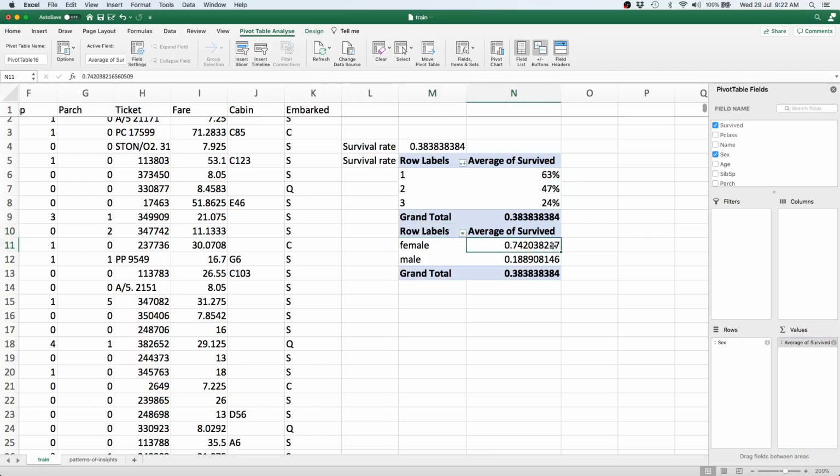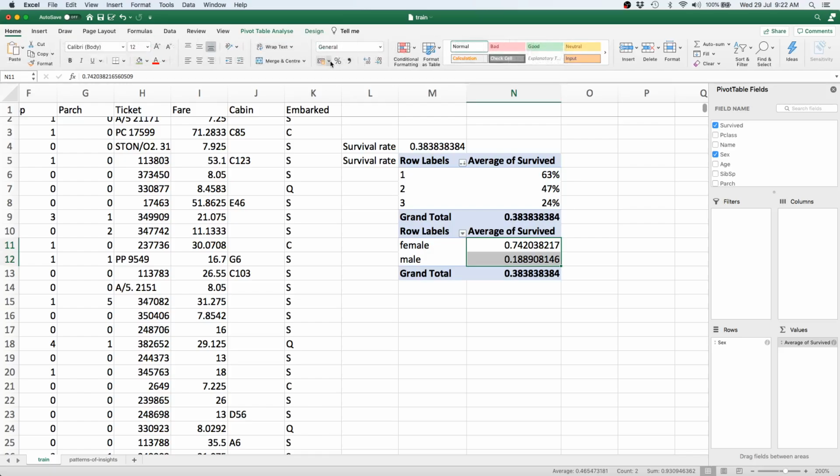So 74% of the females aboard the Titanic survived, whereas only 18% of the men aboard the Titanic survived. And that is obvious because we know that it's basically the females and the children who were allowed to evacuate the sinking ship before anybody else.